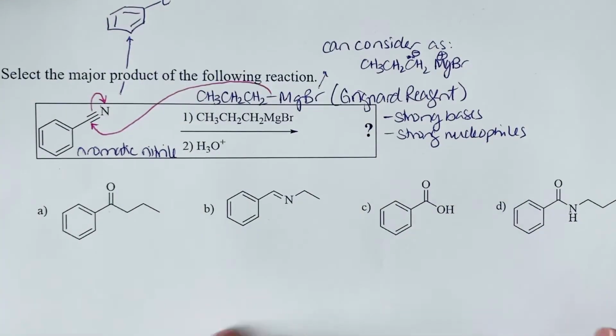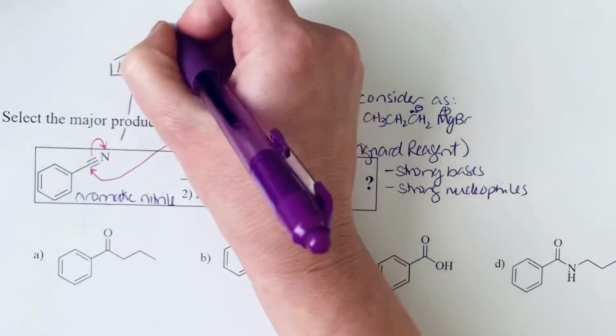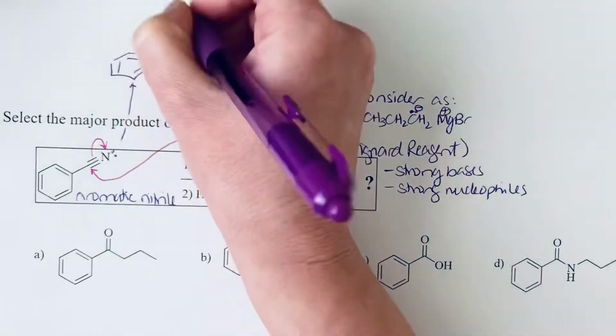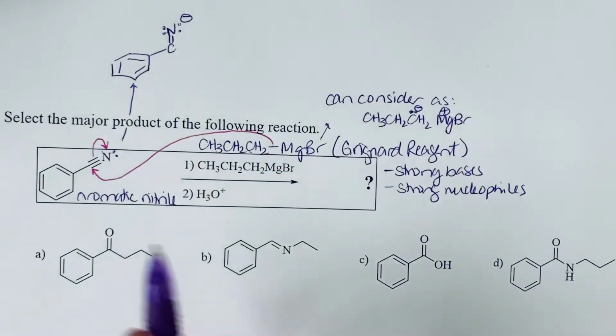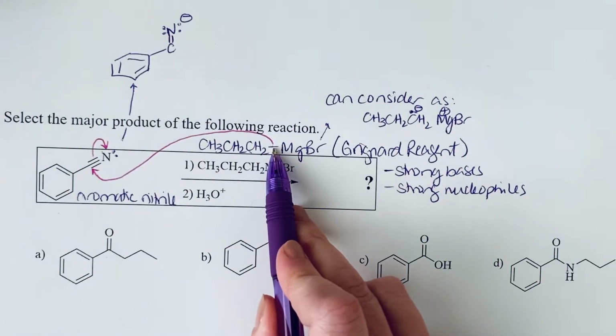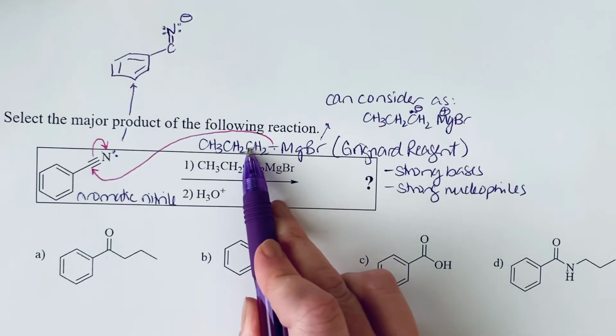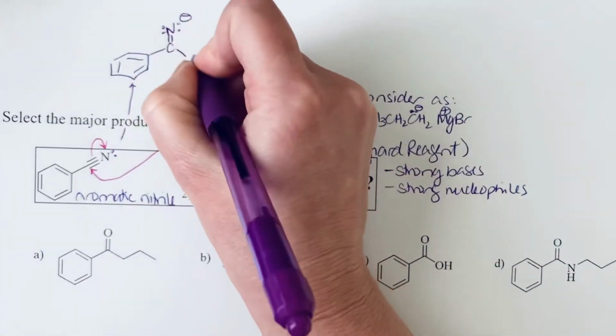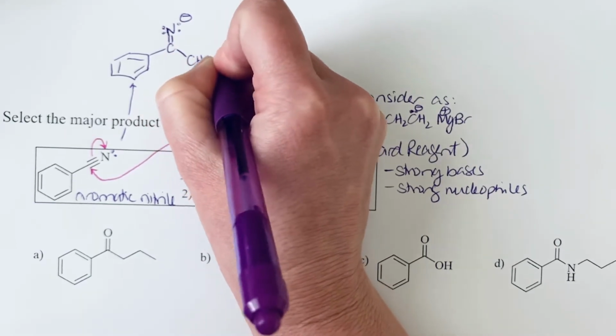That nitrogen will now have an extra lone pair of electrons in addition to the one it started with, so this has a negative charge. And we have formed a new carbon-carbon bond between this carbon of the propyl chain and the carbon of the nitrile. So we can add that propyl chain on.